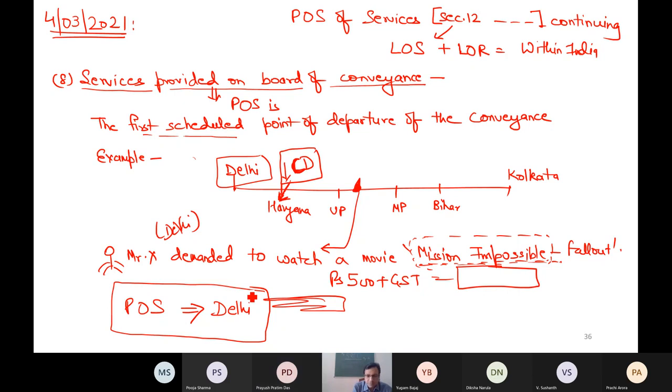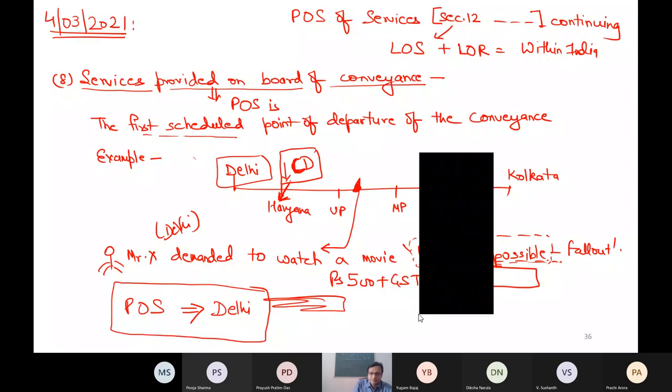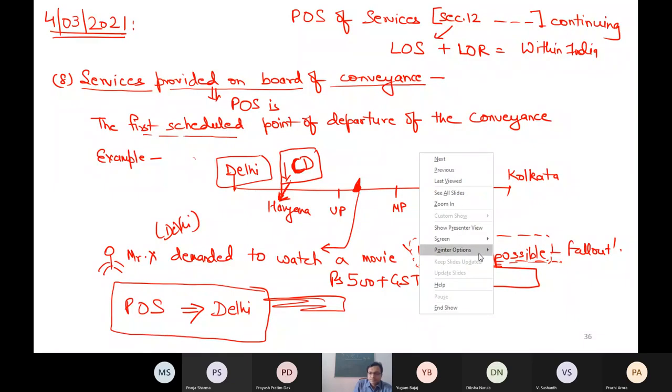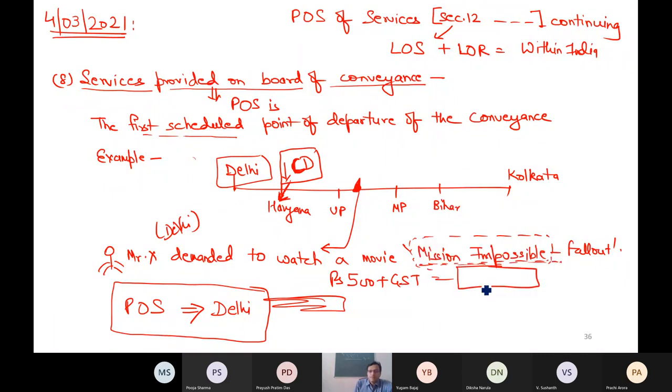Haryana. Okay. Any other answer? When the train started from Delhi, this CD of Mission Impossible was taken in the train when the train stopped at a station in Haryana.